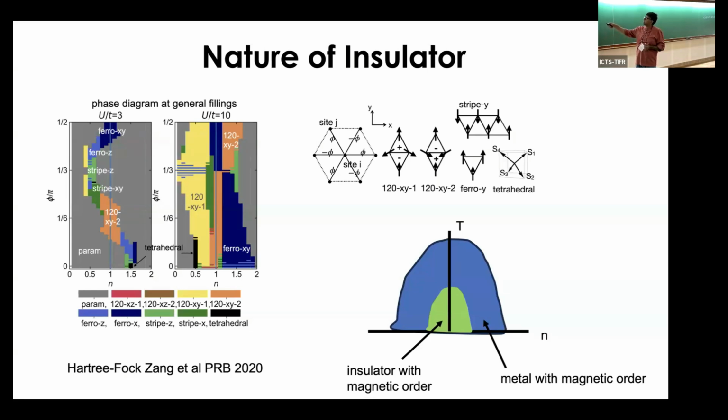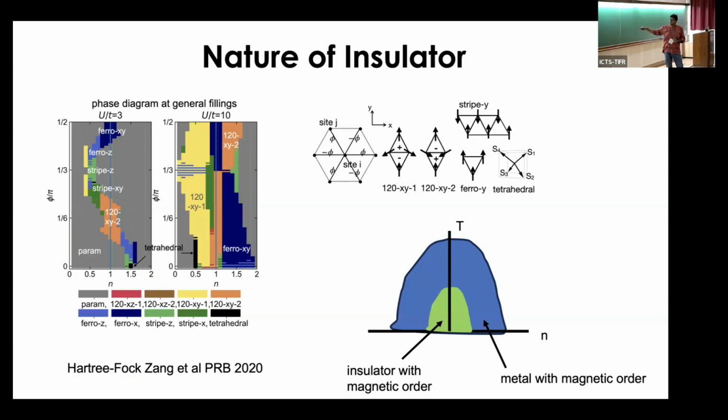I don't mean to convey a whole lot from this other than to say that all of these phases are magnetic in some type or the other. So there's various types of antiferromagnetic phases. Here's a stripe phase. Here's a 120-degree Néel phase. There's also ferromagnetic phases, and so on and so forth. And the general picture at this level of theory is that as you change doping and you approach this half-filling point, here is the half-filling point, you first have a transition into a metallic magnetic state with this kind of symmetry breaking.